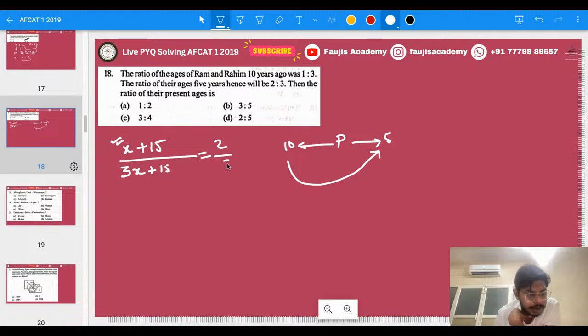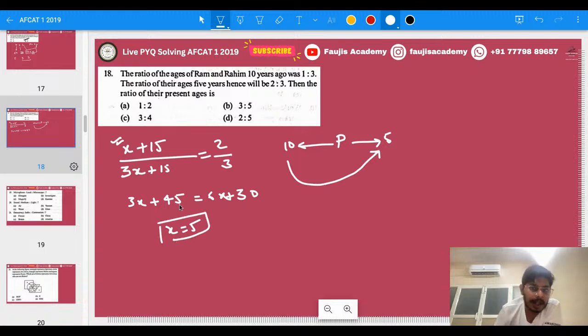It became 2 by 3, right? Now let's just simply solve for x. 3x plus 45 is equal to 6x plus 30. That means x is equal to 5. 10 years ago their ages were 5 and 15, that is x and 3x.